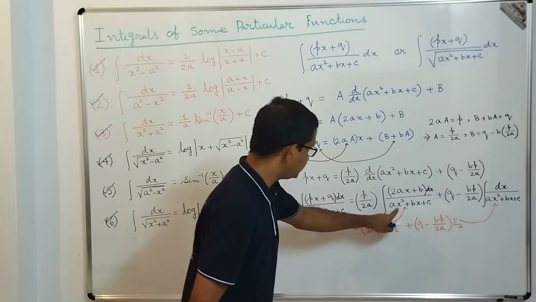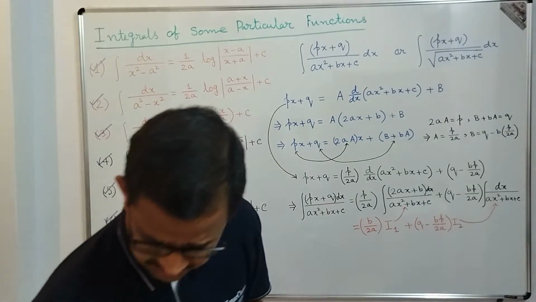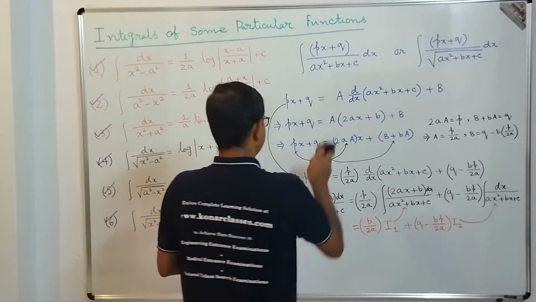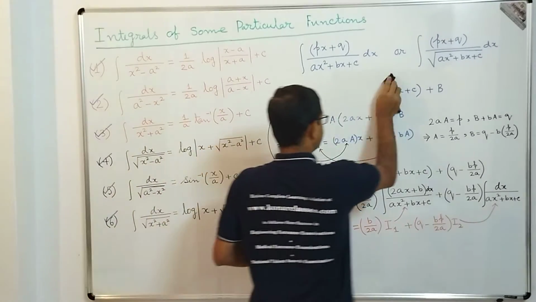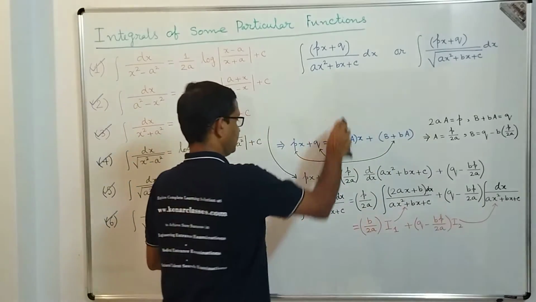Now I1 is this integration. How can we find I1? Let me show you. If you know the steps, it will be very helpful when we actually solve some real problems together.